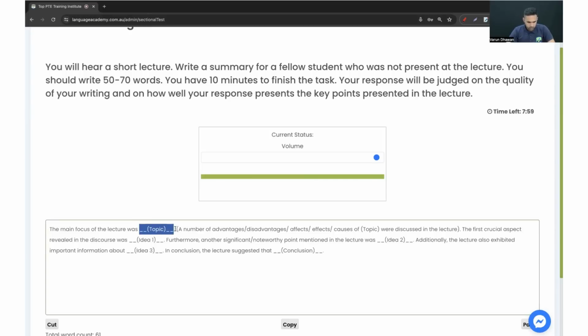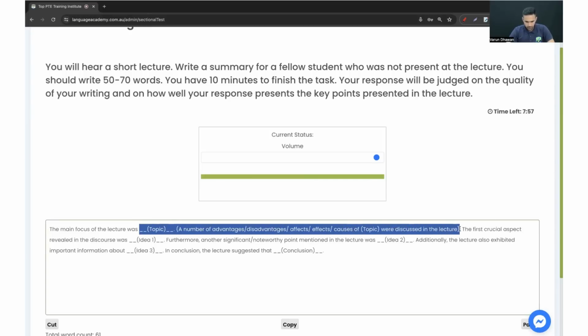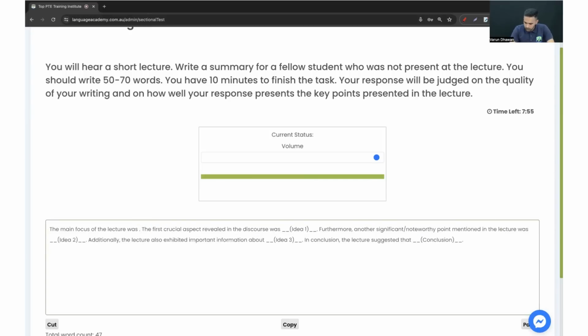The main focus of the lecture was buildings in China. The first crucial aspect revealed in the discourse was the notice by the Ministry of Housing. It's the name of a department, right? So it should be capitalized.